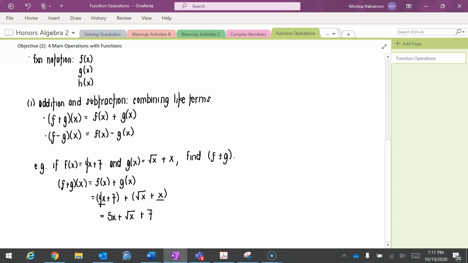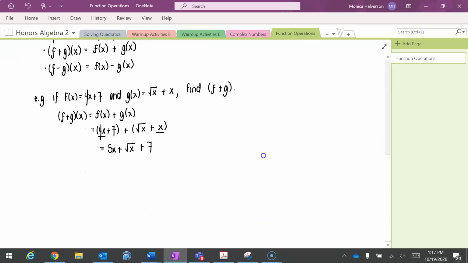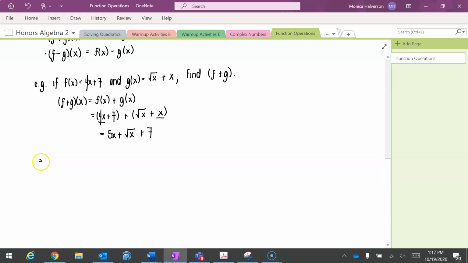Okay? I would like you to do one on your own. If f of x is equal to 2x squared plus 8 and g of x is equal to x minus 3, find g minus f of x.